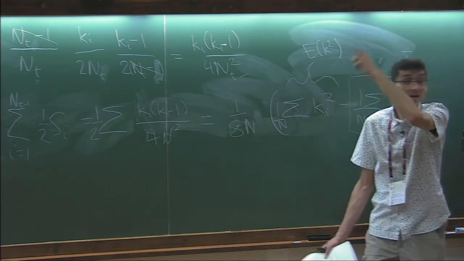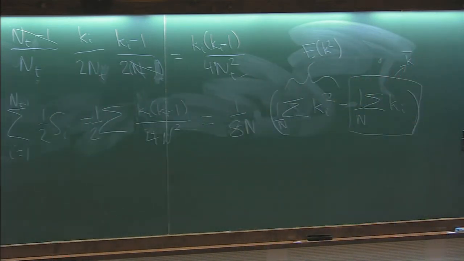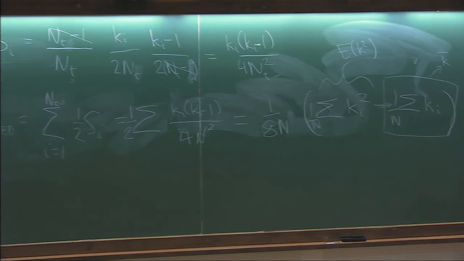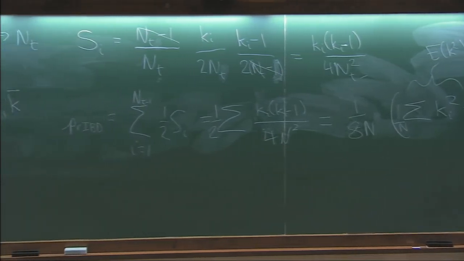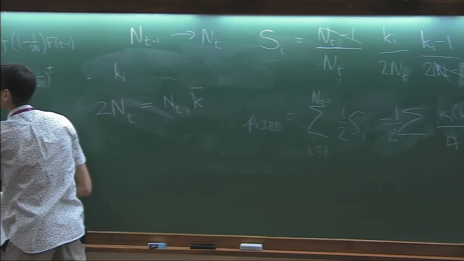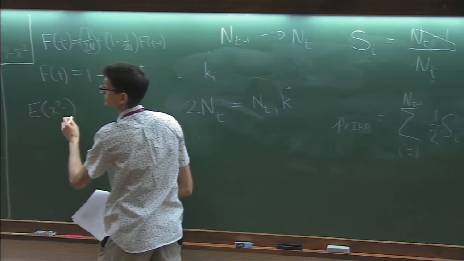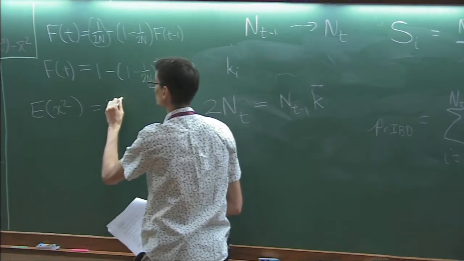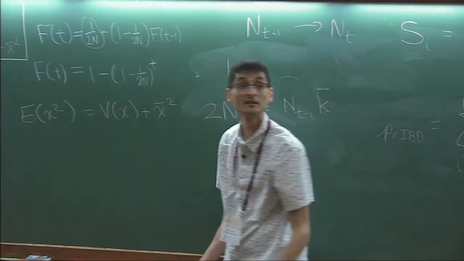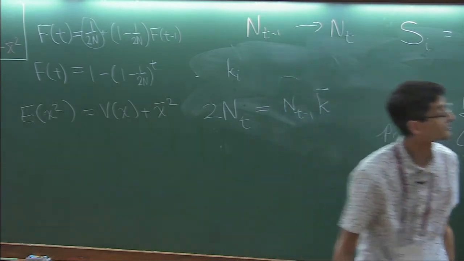Variance, right? As soon as you see that thing, that reminds you of the variance. So if you just rearrange that, you get it's equal to the variance plus the square of the mean. Okay?